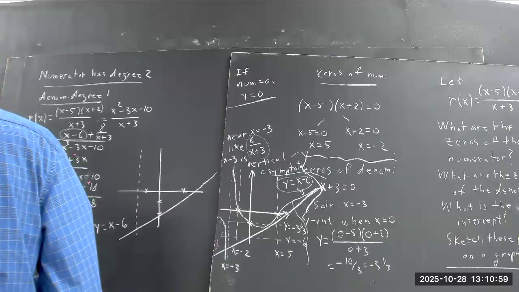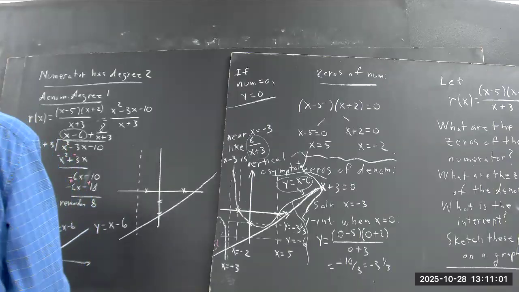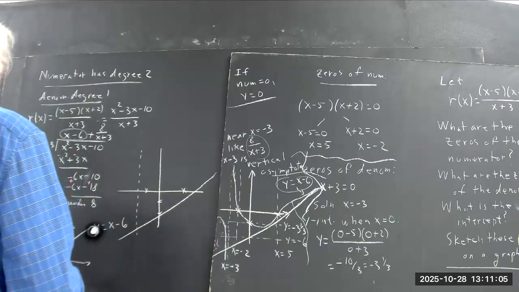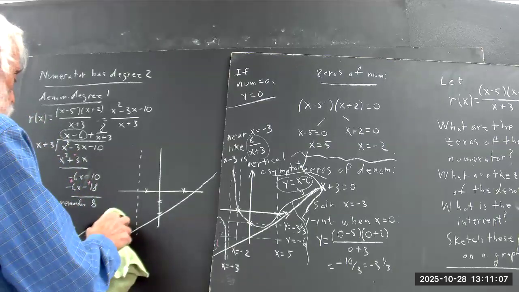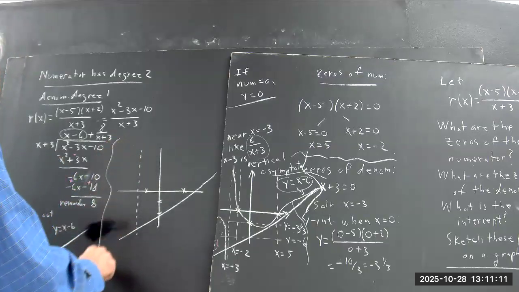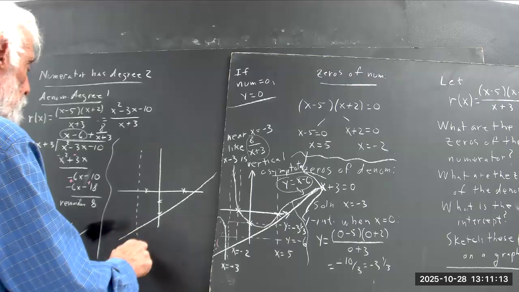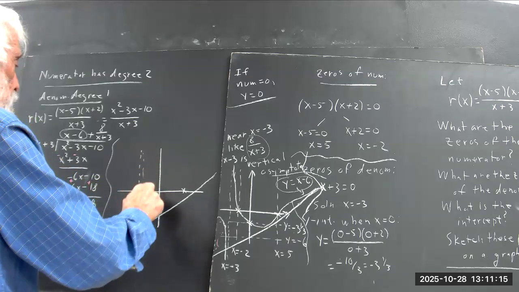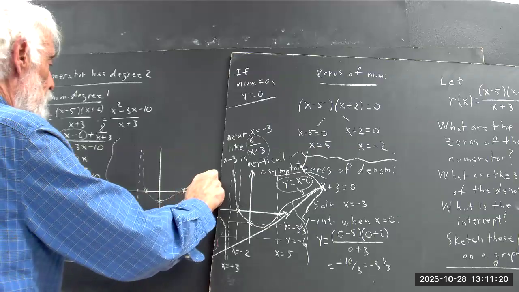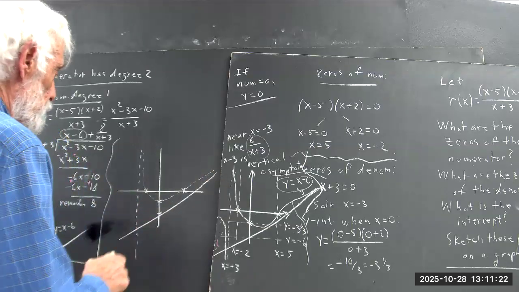I'm going to relabel it. And let's get rid of that so we don't confuse it between the two graphs. So again, what happens? We come down from here through this point up here, and then we approach this line as an asymptote.